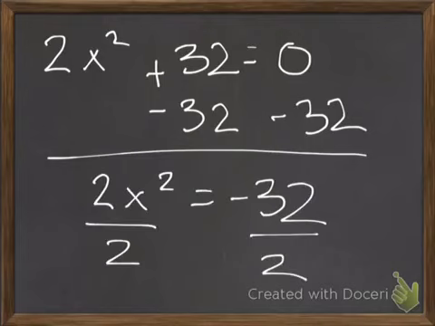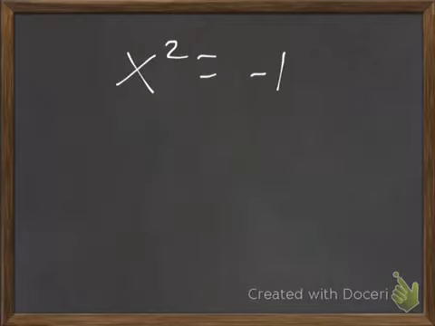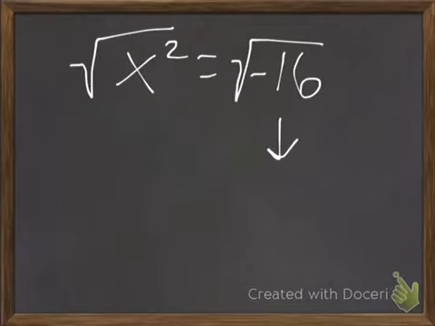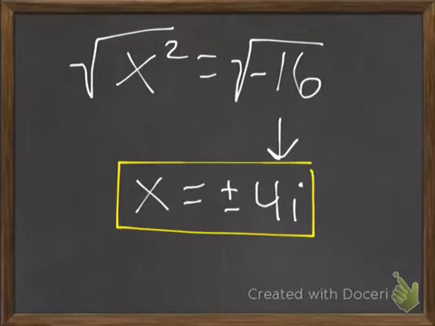Now you're going to divide by 2. You get x squared equals negative 16. Because to get rid of the square, you would square root. And that's how you'd get rid of the square. And so, remember, you can't have a negative inside the radical, so it moves out to become plus or minus 4i. And x would equal plus or minus 4i.